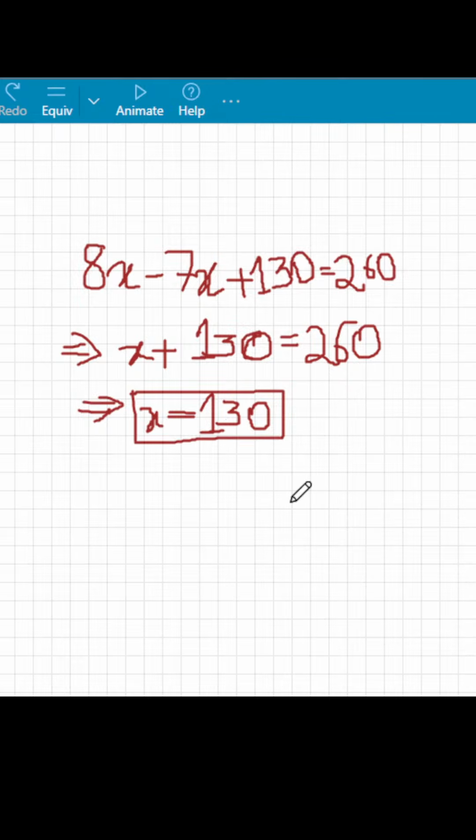So this is the correct answer. So thank you Jason Chan, that's the correct one. So 130 is the correct attempt. So you can have a look at the solution. It's a very short and brief solution of the linear equation, and then we'll go to the next question.